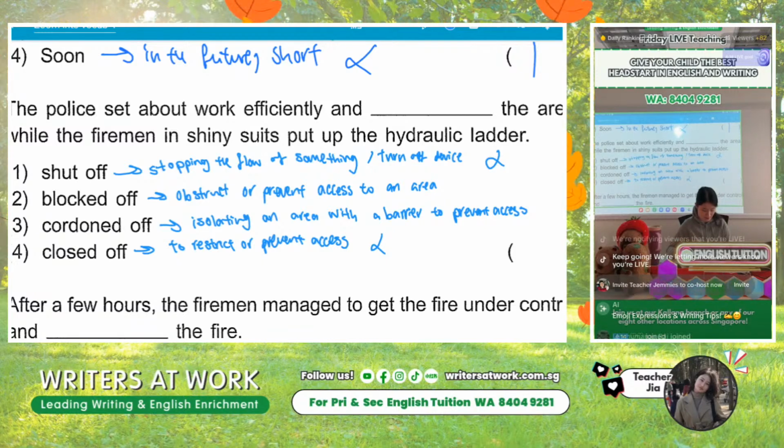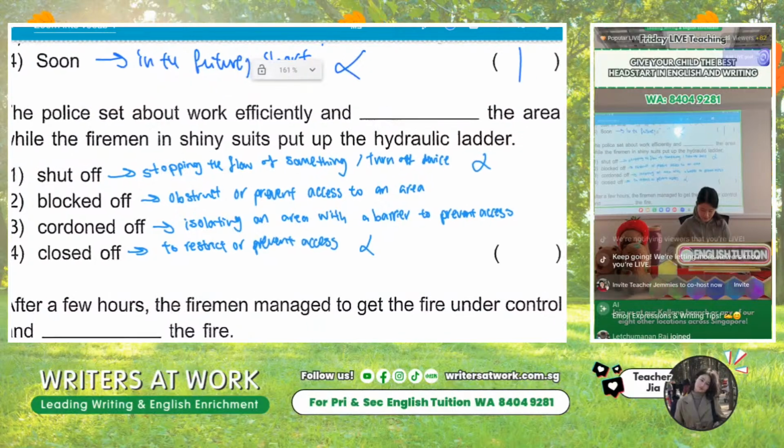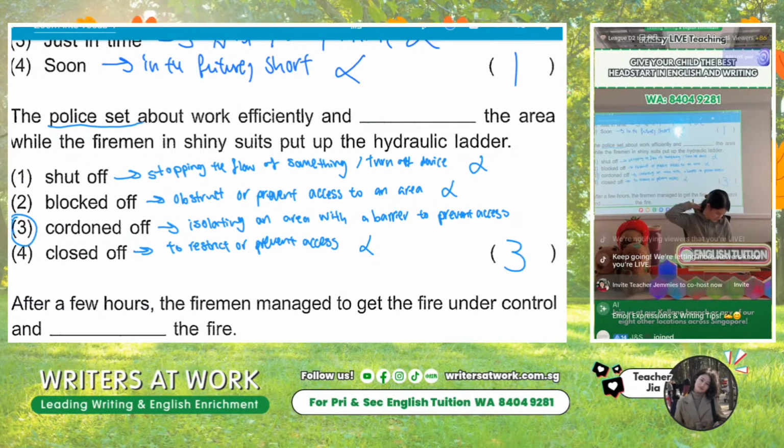I can block off a small area, but here we're talking about an area that is blocked off by the police. Okay, so we're thinking about something that is a lot more official, a lot more authoritative. So we're definitely talking about condoned off. Okay, so it's a lot more about authority, a lot more formal. Okay, so we're choosing number 3.